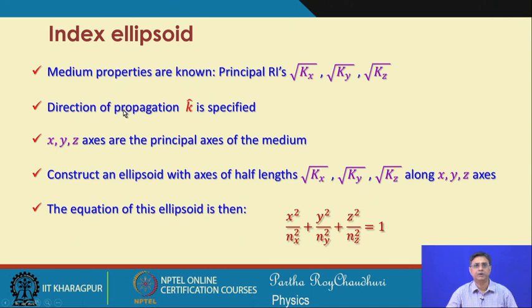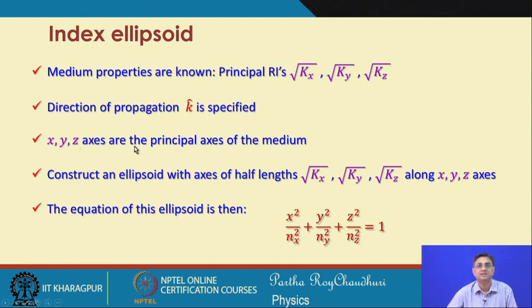So, the index ellipsoid: when the medium properties are known, that is when we know the principal permittivity values, principal refractive indices, that is under root of k x, under root of k y and k z, then the direction of propagation k is also specified in such a medium.